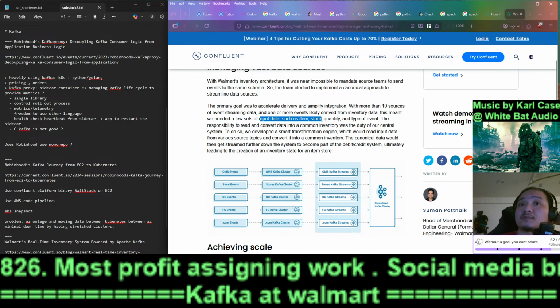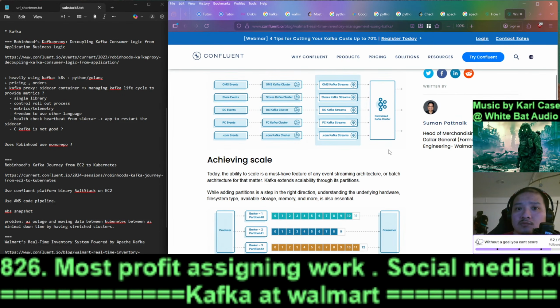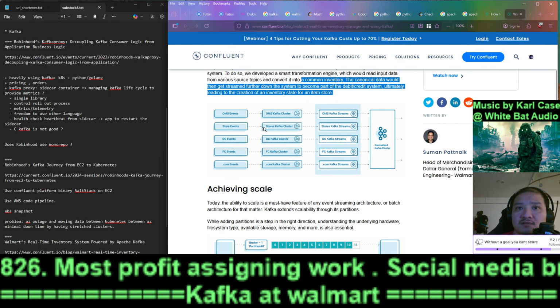Item store quantity. We have all the events.